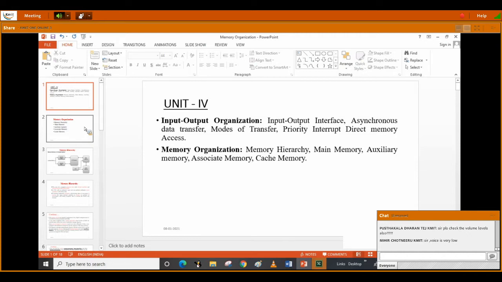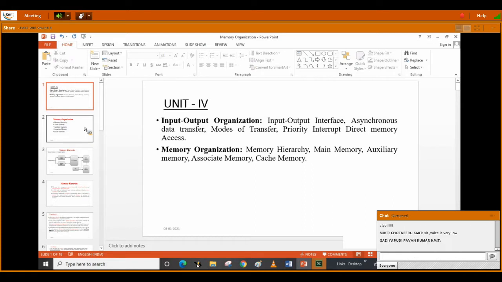The source unit places data on the data bus, and after that it sends one more control signal, the data valid signal, which specifies that valid data is present on the data bus.